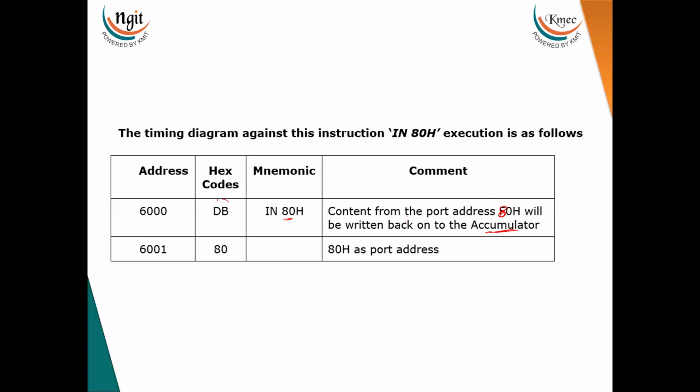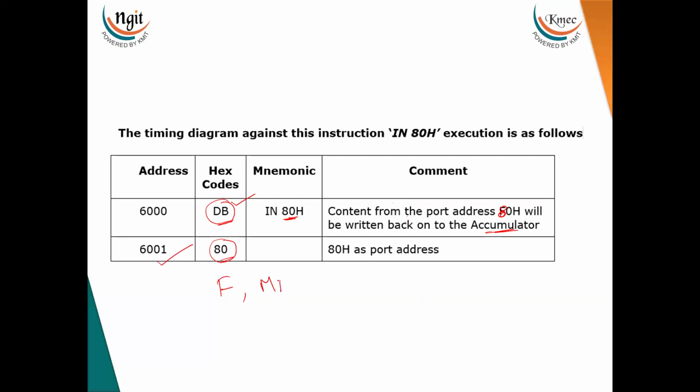This is the opcode, and this is the port address, whatever address we have. This is a 2-byte instruction. The first byte consists of the opcode, and the second byte is the port address we have given. Now, to draw the timing diagram for this, how many machine cycles are required? By default, the first machine cycle is an opcode fetch machine cycle. After decoding the opcode, the processor understands that it has to read the port address from the next consecutive memory location.